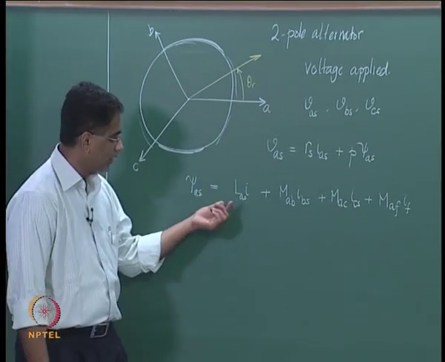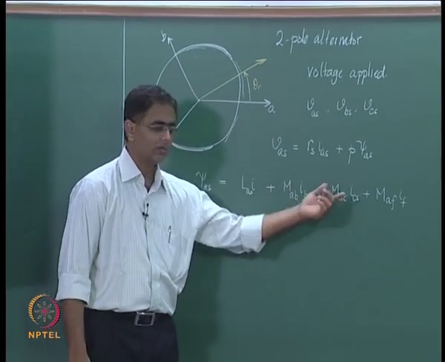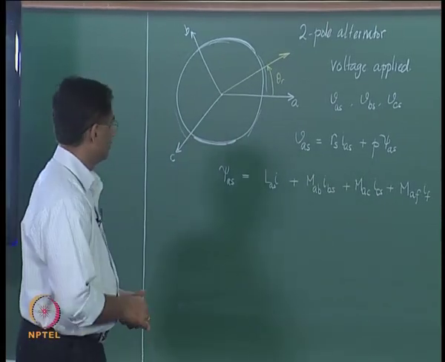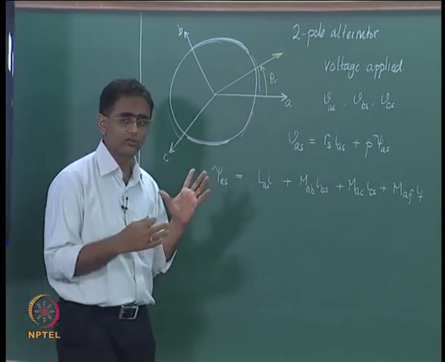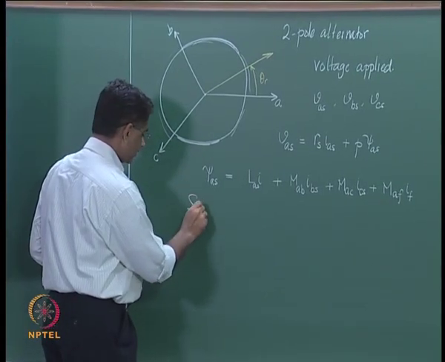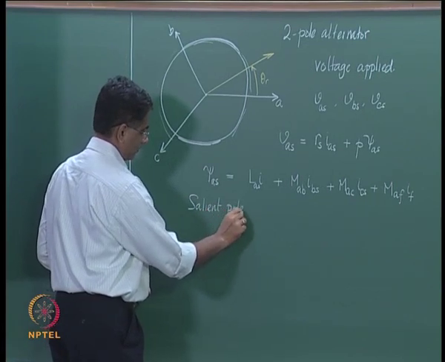Now, we need to derive expressions for each one of these L, M, MAF and so on. So, how to derive expressions? We need to consider a particular rotor geometry first, and what we will do is consider the salient pole rotor.